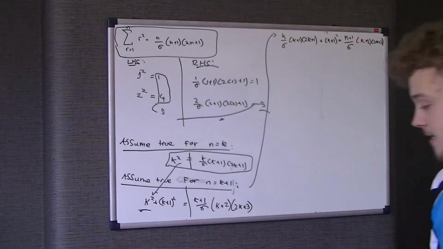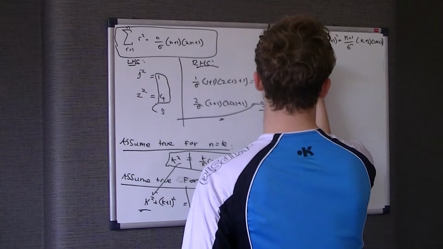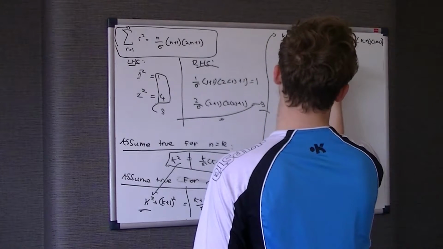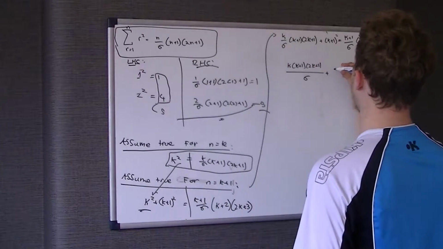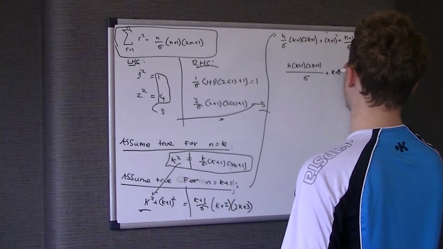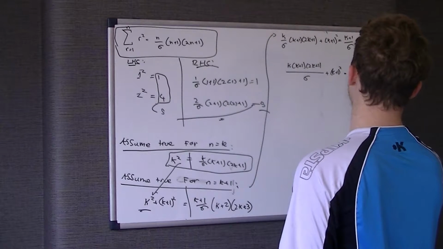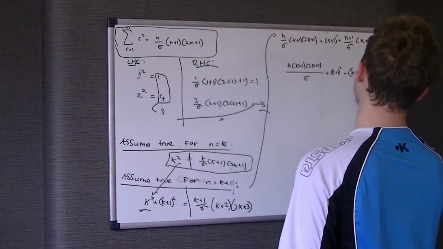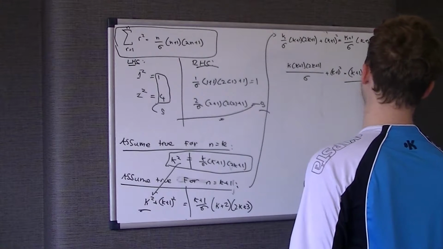So we're going to need to put it all over the same denominator where we can. So it's k times k plus 1 times 2k plus 1, all over 6. And we just simply add k plus 1 all squared. That's not over anything yet. And we say that is equal to k plus 1 times k plus 2 times 2k plus 3, and that's all over 6.